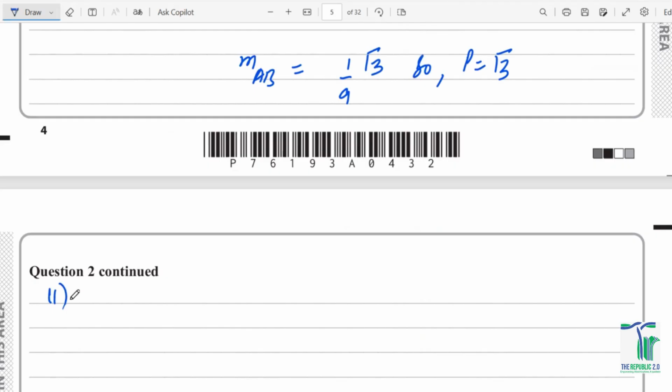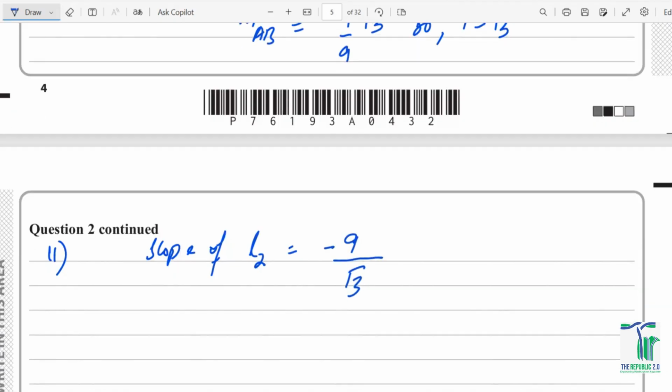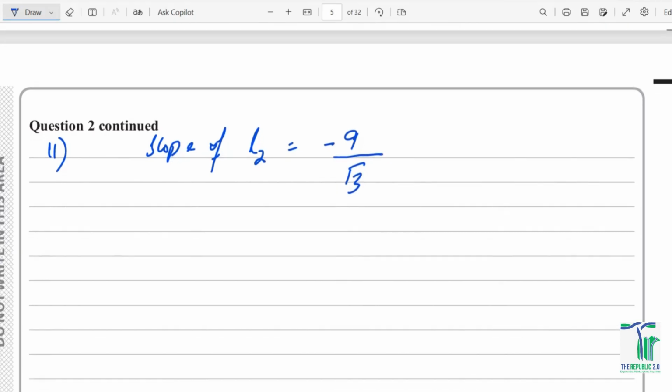So in the second part, slope of L2 should be the negative reciprocal, since L1 is perpendicular to L2. So the negative reciprocal of this has to be negative 9 divided by root of 3, which doesn't look good. You still got a square root in the denominator.